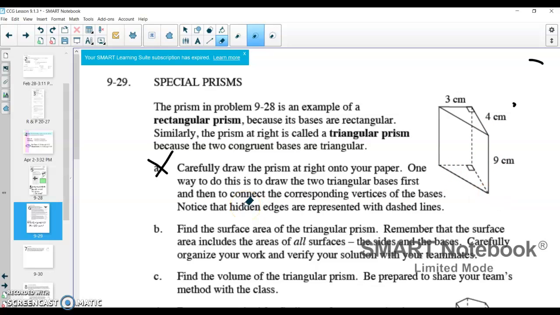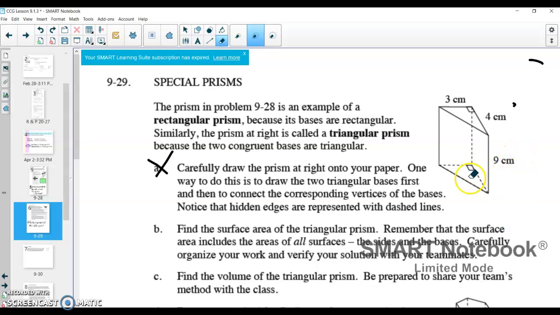Yesterday's problem, how they explained it was, if we can find the area of the first layer, and we know that each layer added onto it is going to be exactly the same, we can just multiply that by the number of layers. We saw that with Paul's tower problem in 912. We found the volume of his base, and then we multiplied it by the number of layers it was made up of.